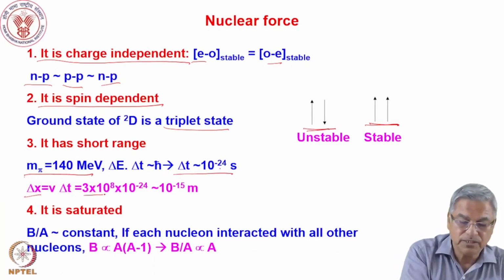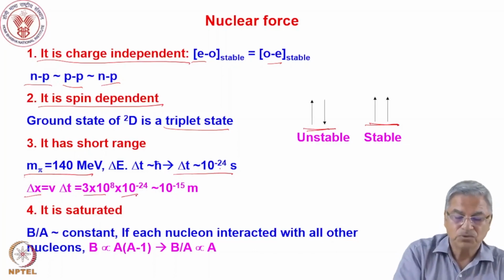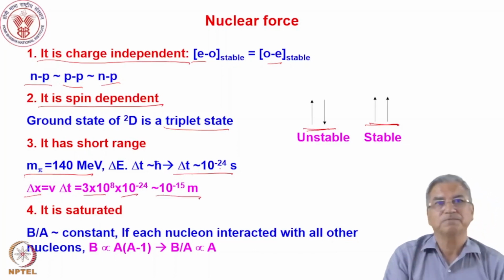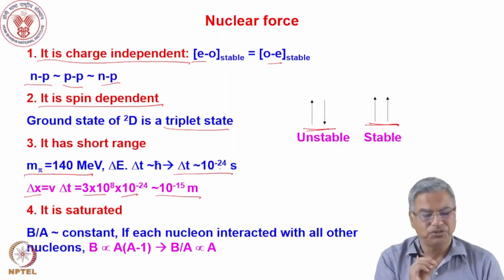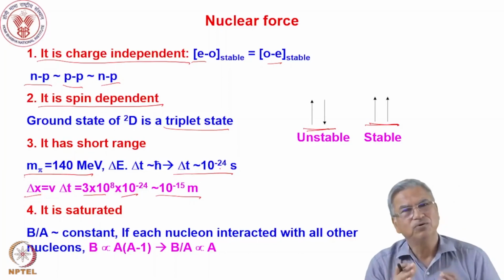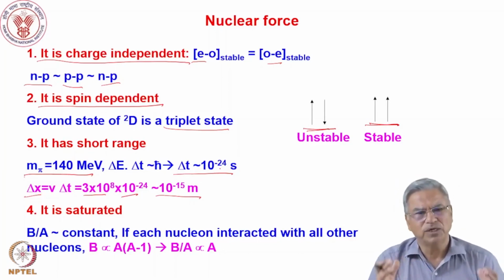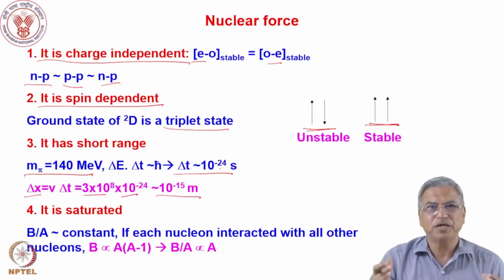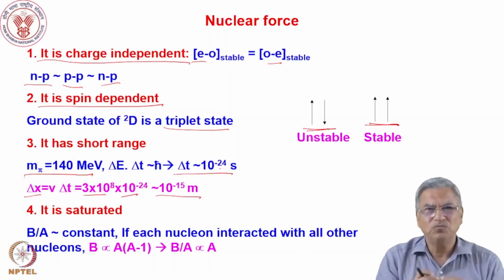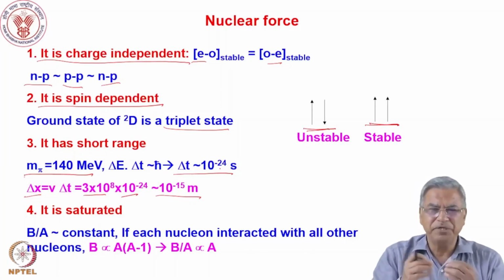So velocity into time gives 10 power minus 15 meter. So it is short range. It operates at the Fermis. That is why, when you say the nucleus dimension is 10 Fermi, the force is not operating at 10 Fermi. It is operating at 1 Fermi. And that is why each nucleon interacts only with those nucleons which are in its immediate vicinity.